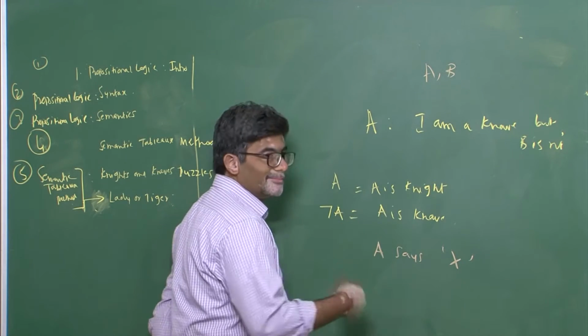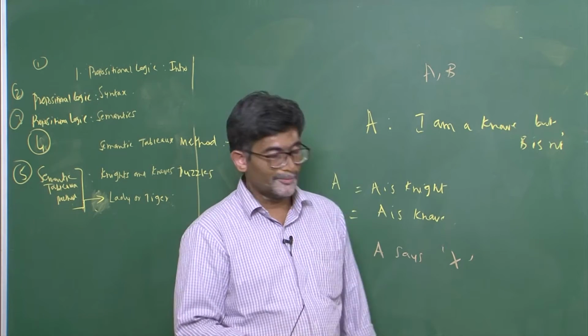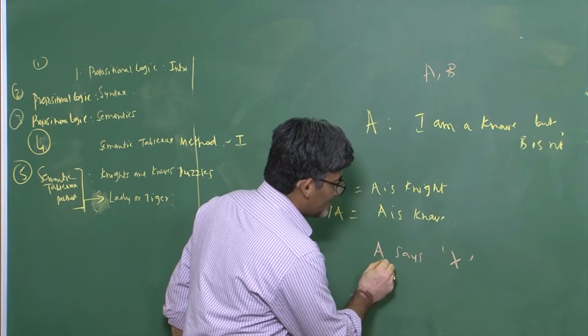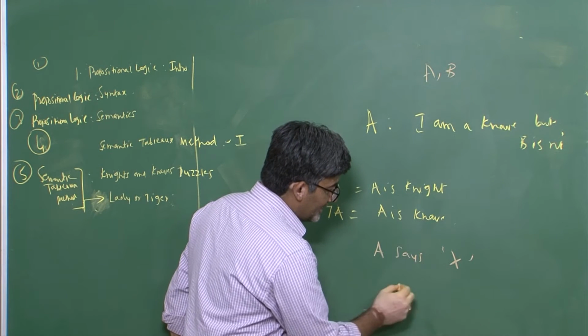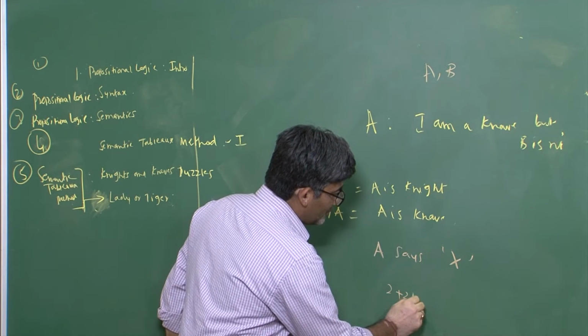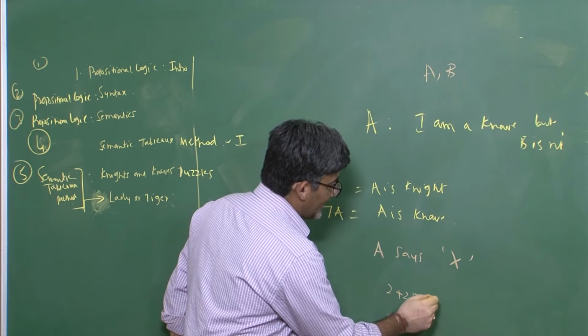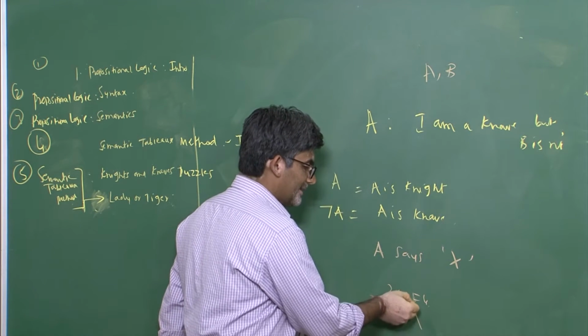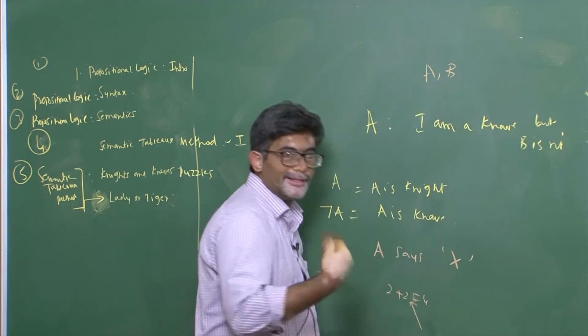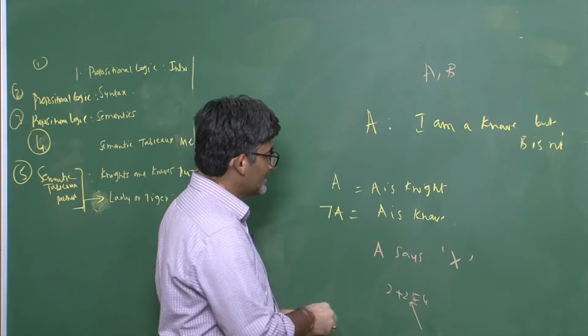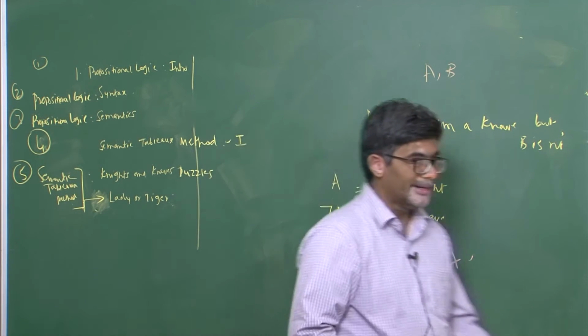If A says something, let us say he says 2 plus 2 is equal to 4, then A says that 2 plus 2 is equal to 4, and the other thing is that if 2 plus 2 is equal to 4 is the case, then that has to be told by only A, none other than A. So that makes this thing a biconditional.